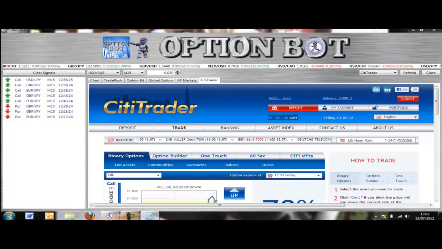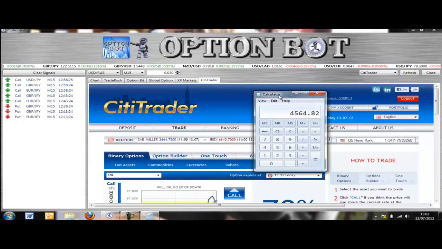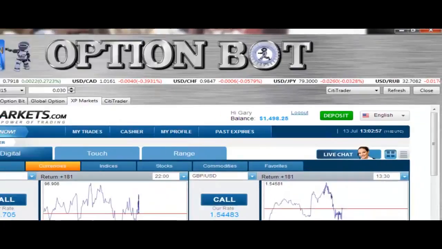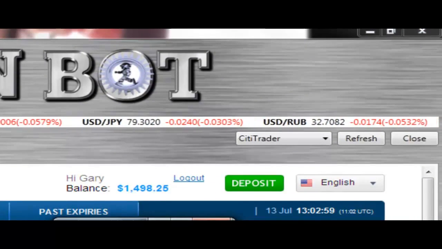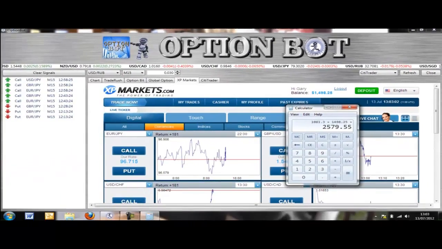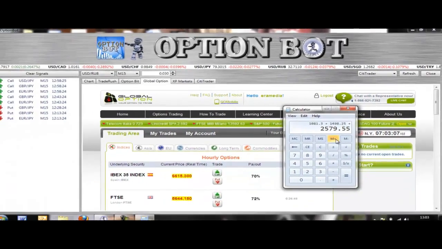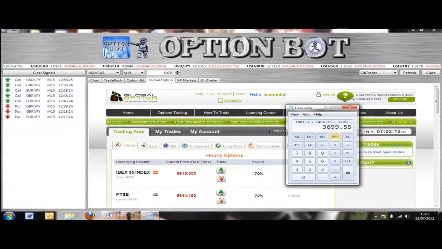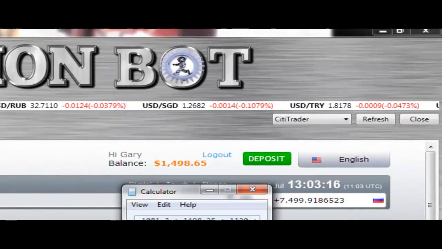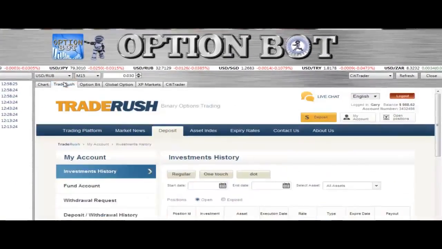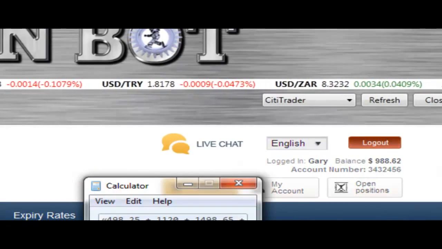We started off with a cumulative balance of $4,564.82, as you can see here. So it's $1,081.30 with CityTrader, $1,498.25 with XP Markets, $1,120 with Global Option, $1,498.65 with OptionBit, and finally $988.62 with TradeRush.